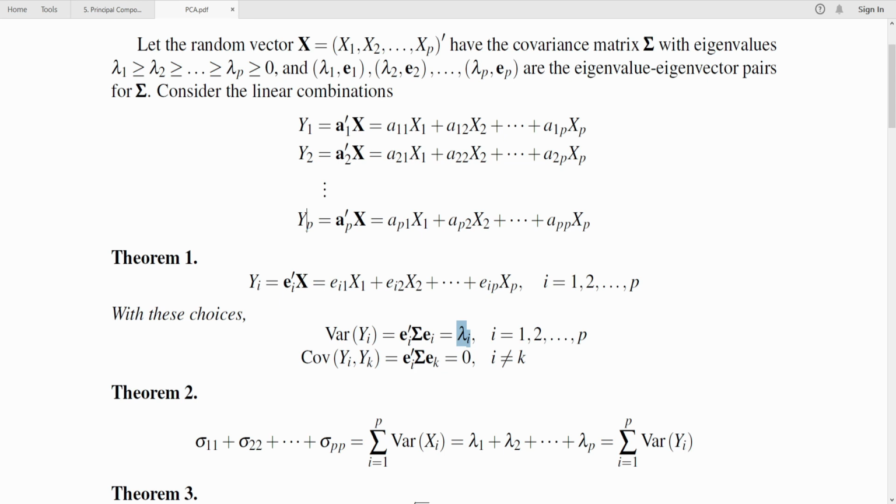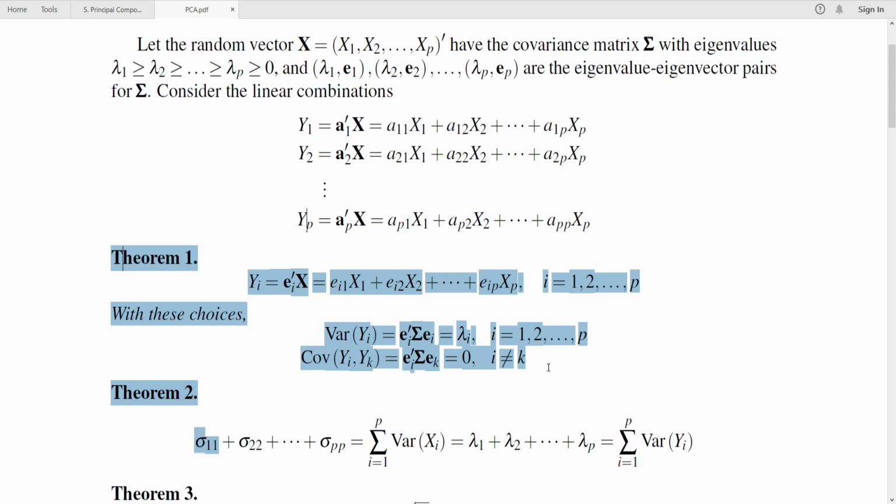So not only does that pair determine the linear combination, but it also determines the variance. So we know that the variance of this principal component is going to be lambda i. Also, because those choices, e1, e2 to ep, are orthogonal, okay, so they're mutually perpendicular, we know that the covariance is going to be 0.